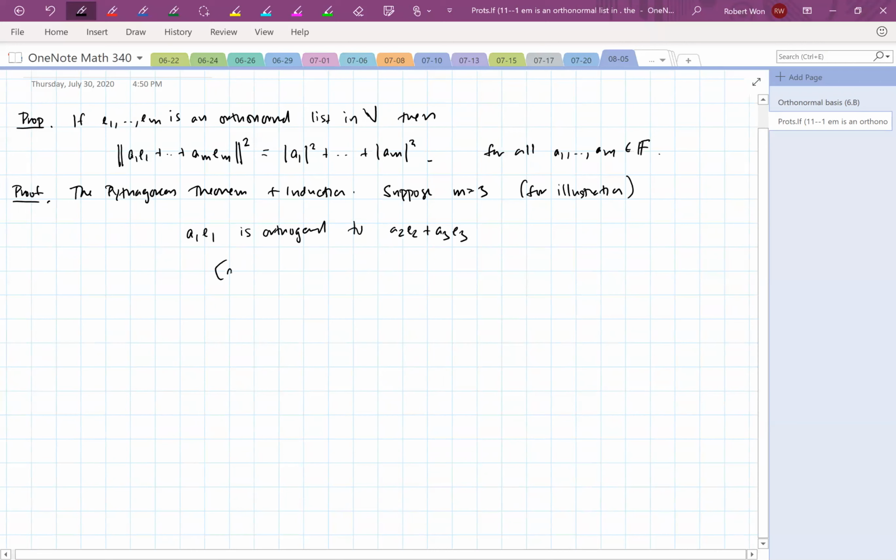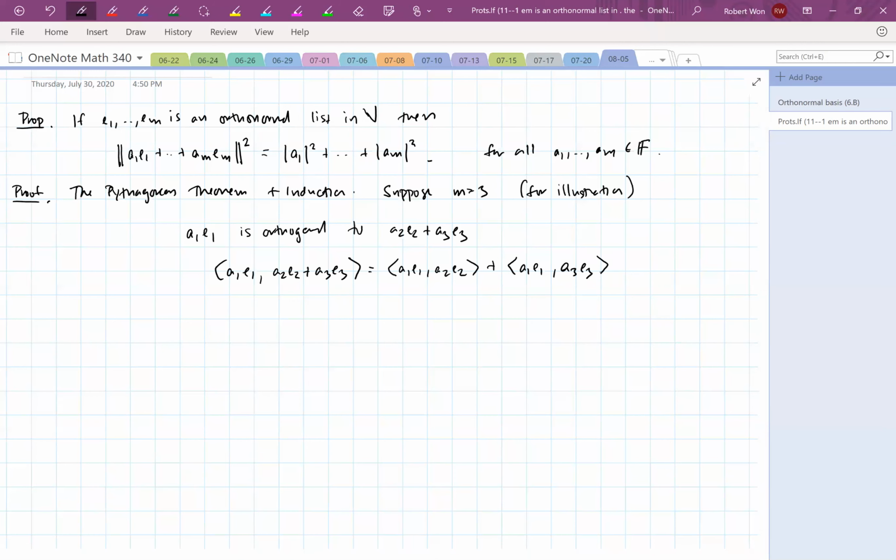Because if you take the inner product of these two things, we know that you can break up inner products over a sum in either slot. And then you can pull out scalars if you want. From the first slot, you can just pull them out. From the second slot, you have to take the complex conjugate.